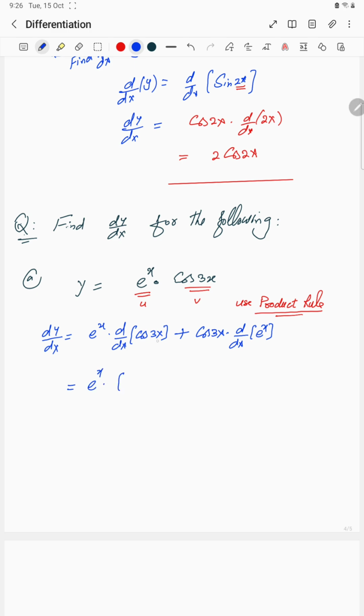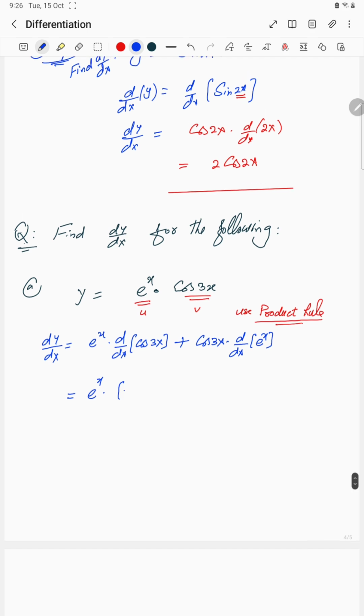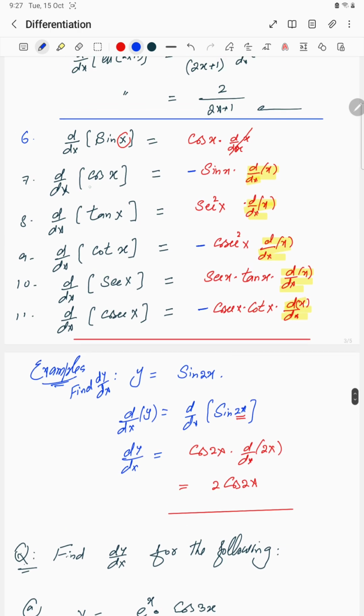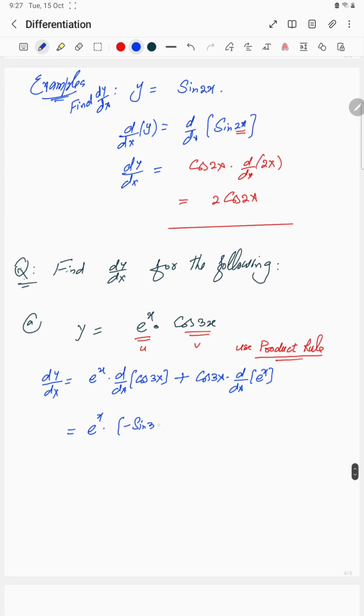The derivative of cos of 3x: cos starts with c, so minus, and cos changes into sine of 3x. The rule is already described in formula number 7. You can see the sheet here: cos theta gives minus sine theta, sine theta is sine 3x, times the derivative of theta, that is 3x. Don't forget this second step along with it.